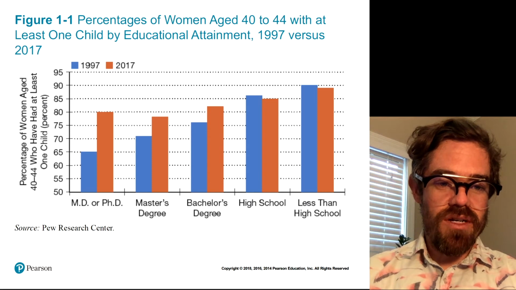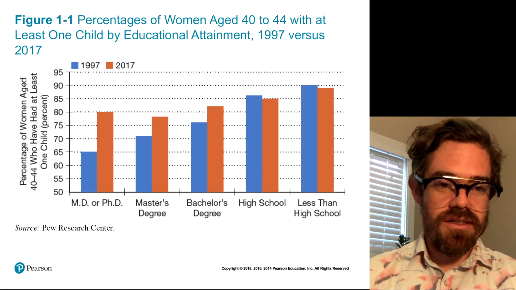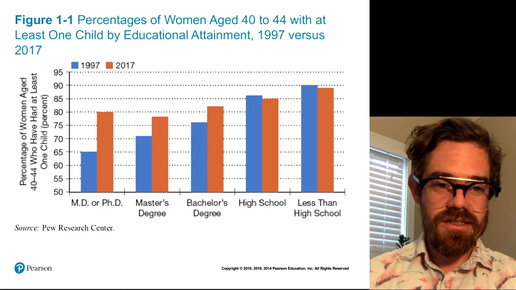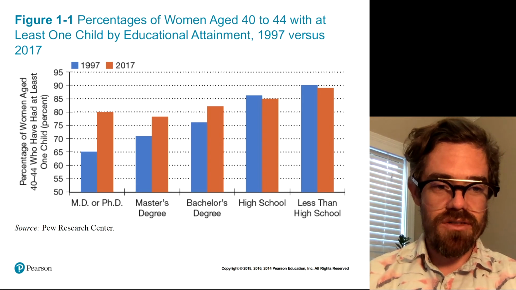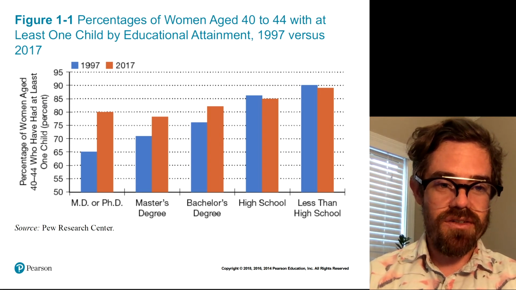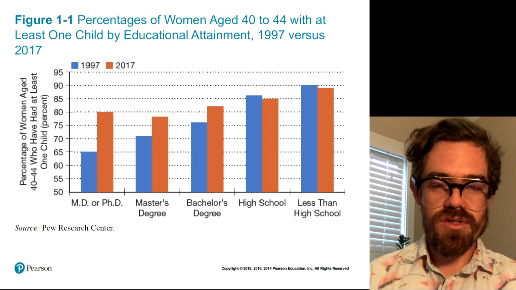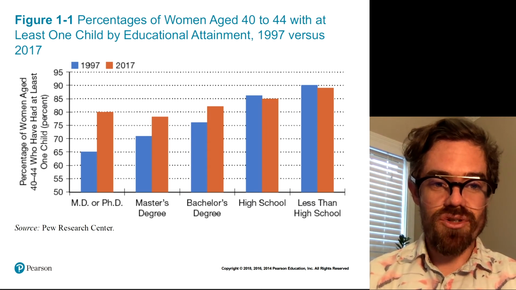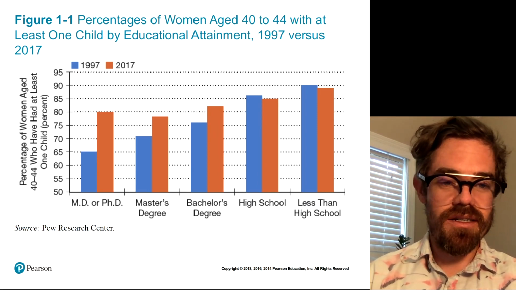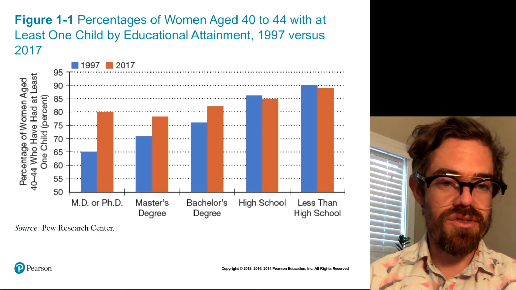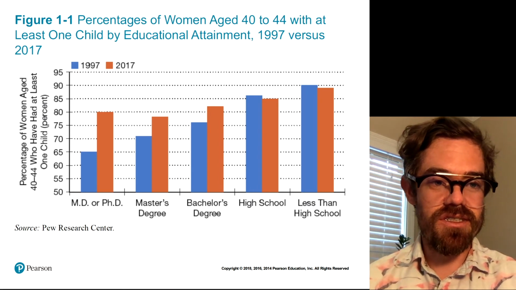Here in the next bin over, under master's degree, the difference is not as significant, but still in the same direction, right? In 1997, only just barely over 70% of women in this age group with master's degrees had at least one child, where in 2017, it was closer to probably 77, 78% of these women.